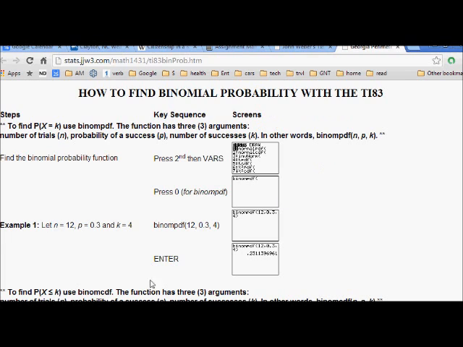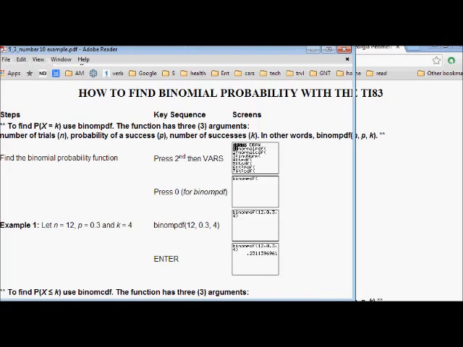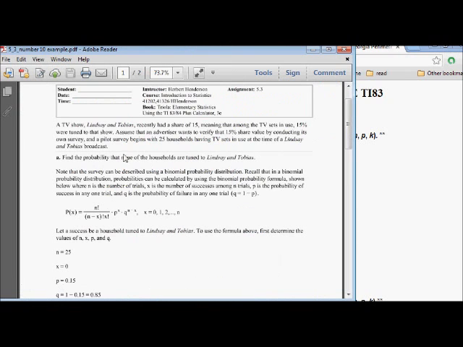Okay, so back over here. We've got 25 households. So now we've got two of our three parameters at this point. We've got N equals 25.